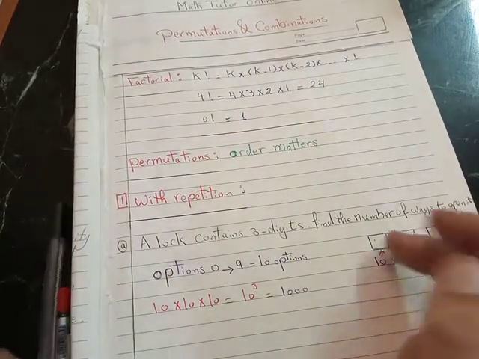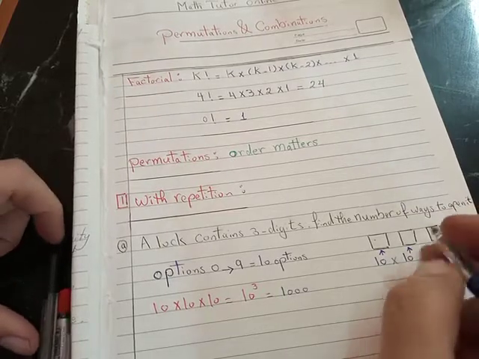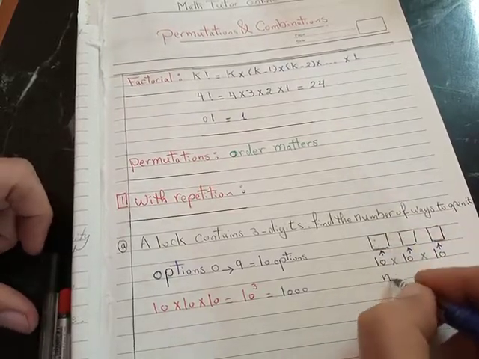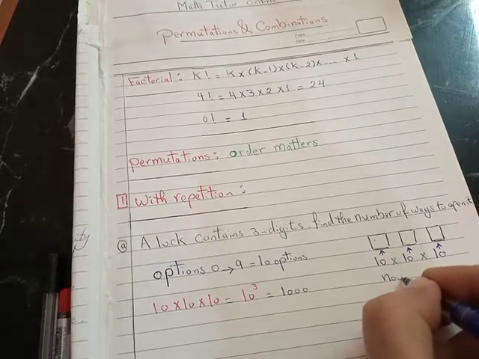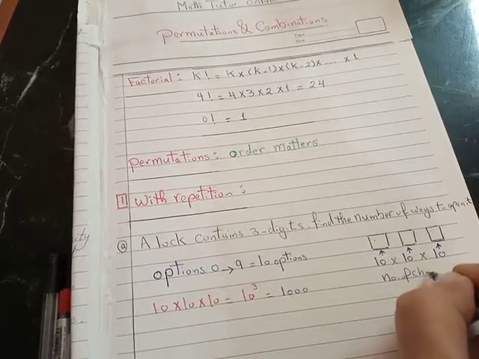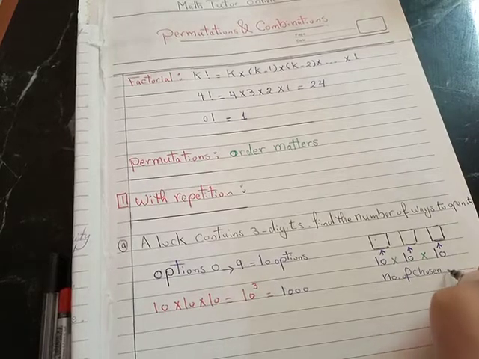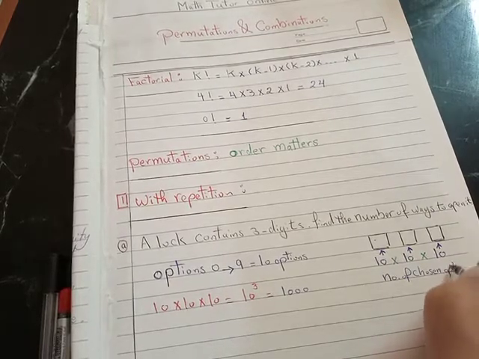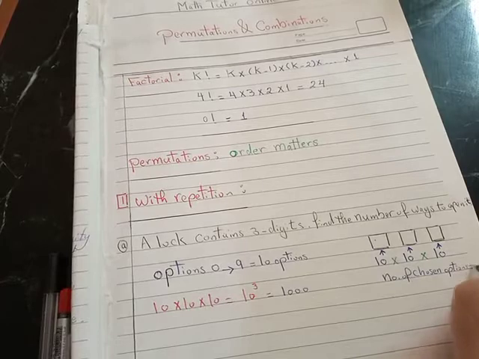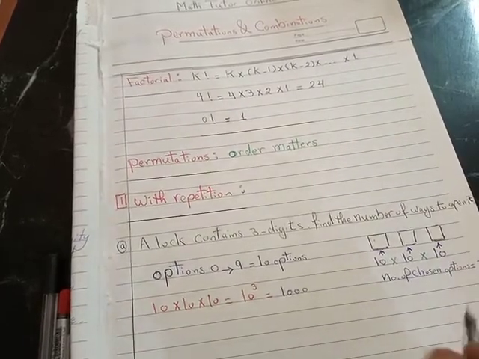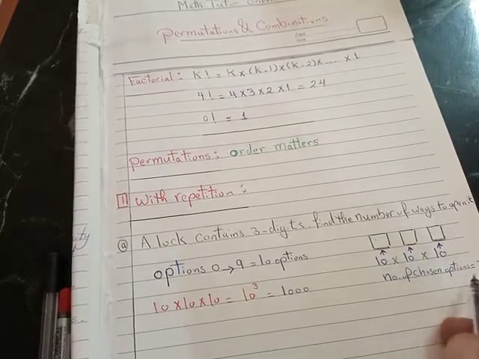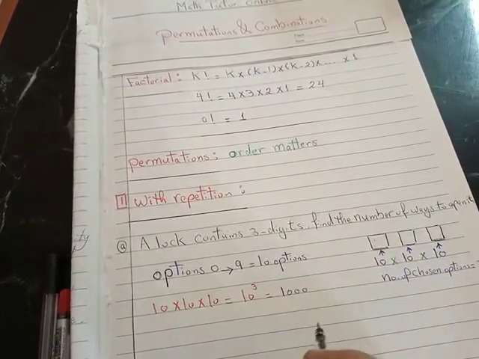We have 3 chosen options here. So that's called the number of chosen options, which equals 3 choices. So the number of chosen options is 3 and the number of options is 10.